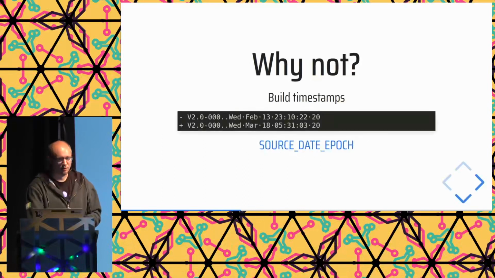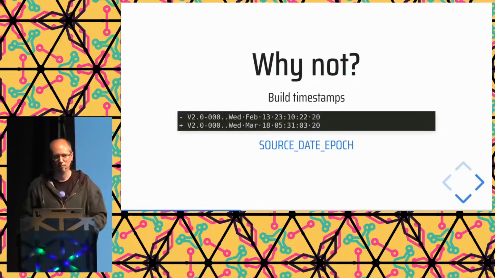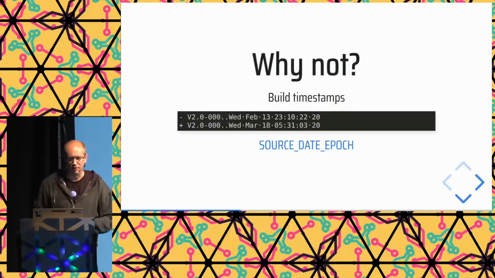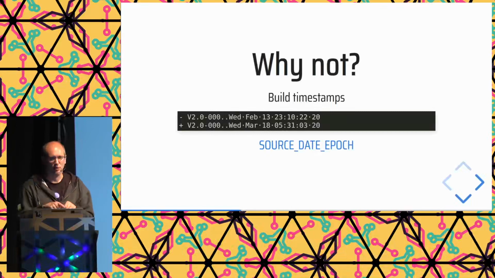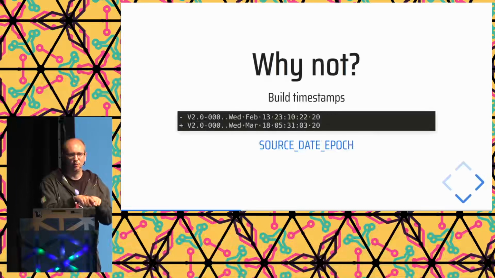Other common things you see would be build timestamps. If you have a timestamp in your build that says, okay, I built this at this time, of course, if you build it at another place again, then you get a different timestamp. A common way to solve this is to use, instead of the build time, the time of the latest commit that you're building, because that's actually what you want to know.